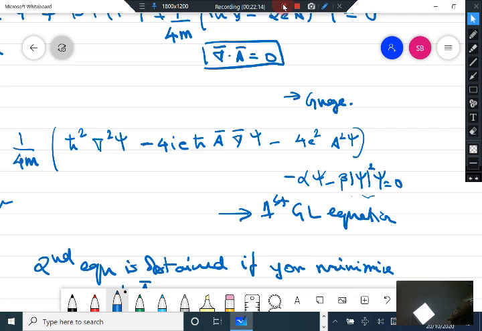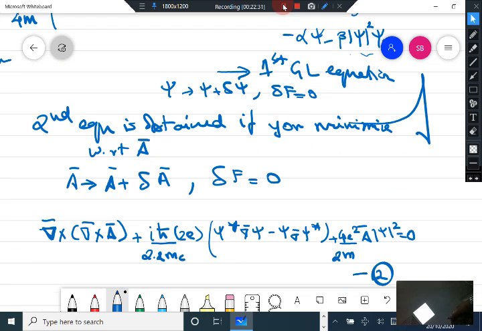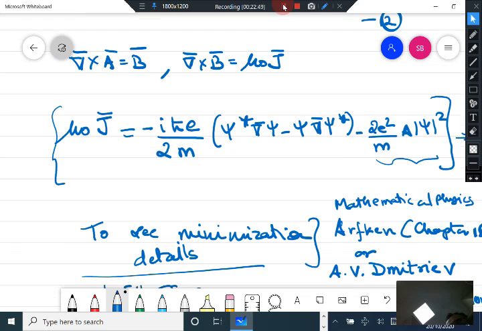This is your first Ginzburg-Landau equation, which you get by minimizing psi going to psi plus delta psi, and at the minima your variation in free energy has to be 0. That gives you the first GL equation, and the second GL equation comes about when you do A going to A plus delta A, and you try to get the minima of the free energy by doing the variation equal to 0. You land up with the second GL equation, which is nothing else but an equation for current density in a magnetic field.